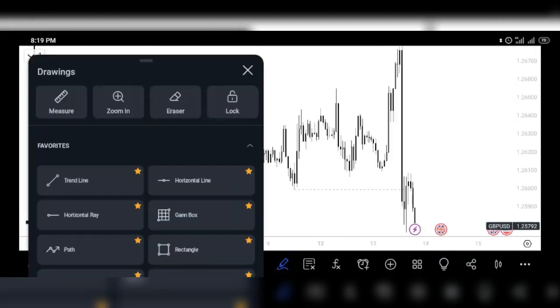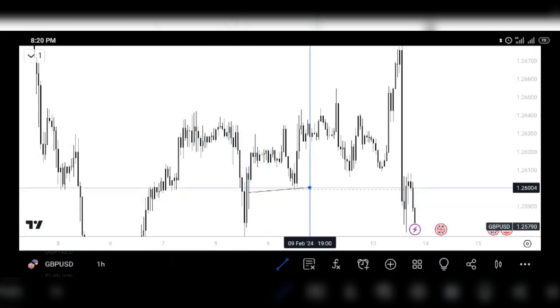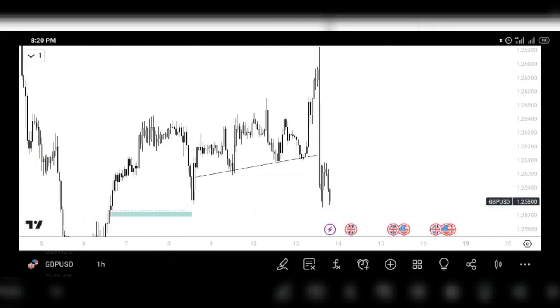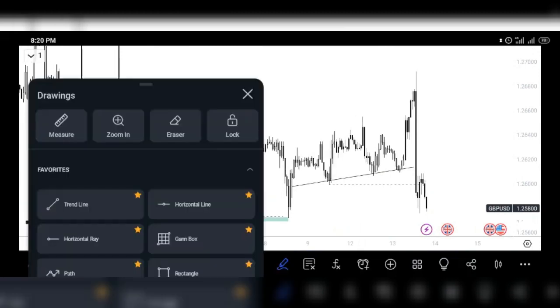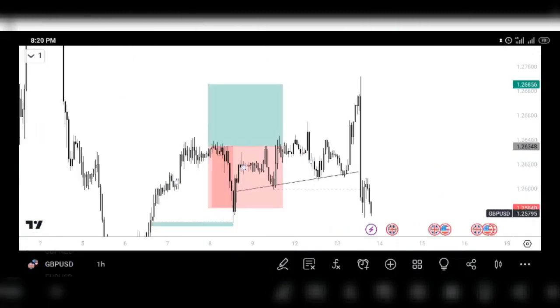Now look at what happened here following my support and resistance. You just have to train your eyes to see it. You can see just my support and resistance, even without adding any advanced stuff. My support and resistance already played out at that point.